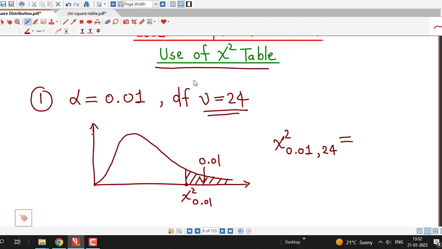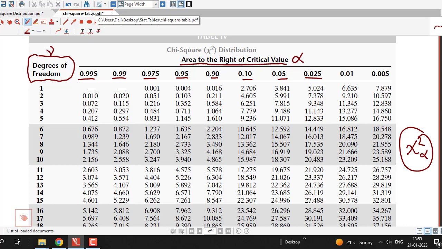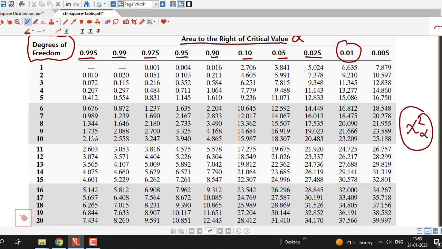So in the table I will look for degrees of freedom as 24, and the column headings are areas to the right side of the critical value. So I will focus on 0.01 area. These values are for alpha, so this column corresponds to alpha equal to 0.01, and the degrees of freedom are 24.